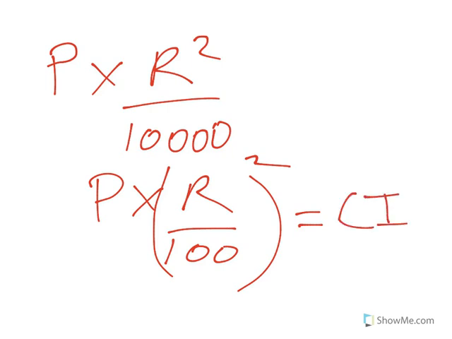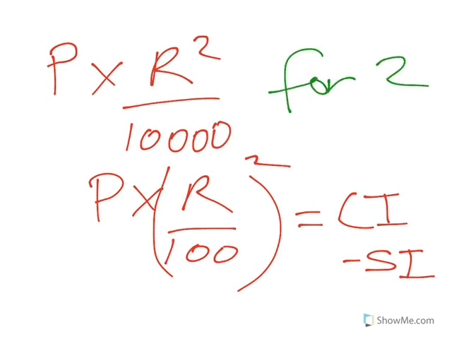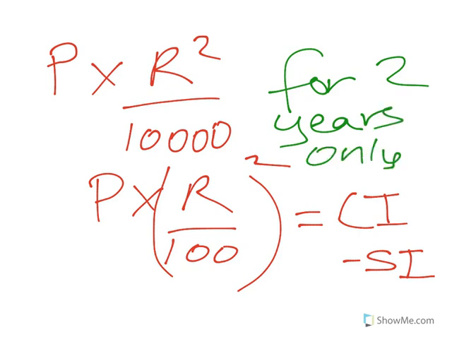This is compound interest minus simple interest for 2 years only. If it's 1 year, then compound interest minus simple interest will just be 0. If it's 3 years, then this formula doesn't apply. Remember it, use it, but remember only 2 years.